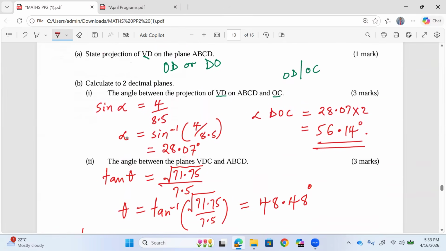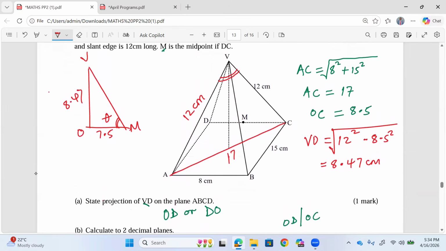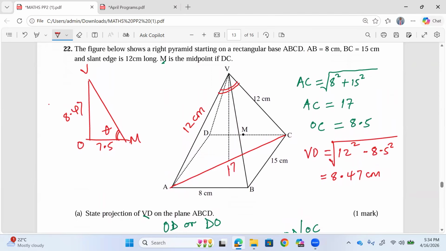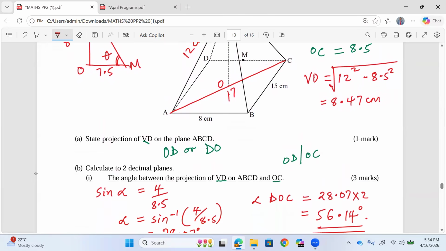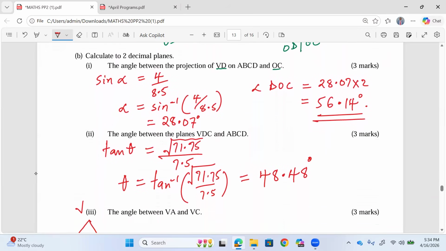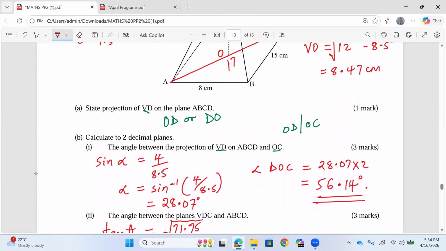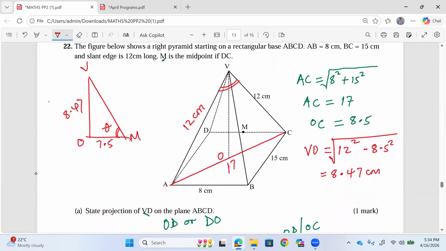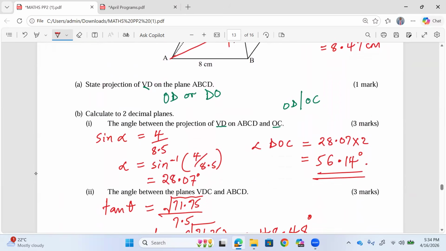And remember, the vertical height from B to O was already worked out. BO, what is that value? Let's check it. BO. Why am I forgetting it? The length BO is this one. Yeah. The square root of 71.75 actually.